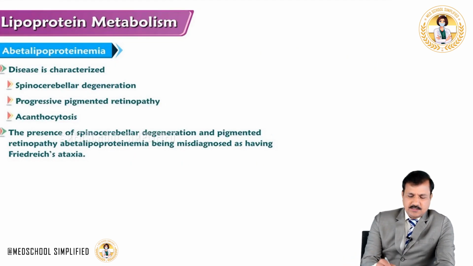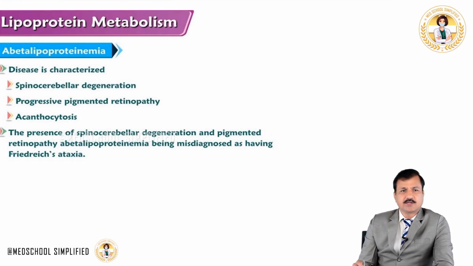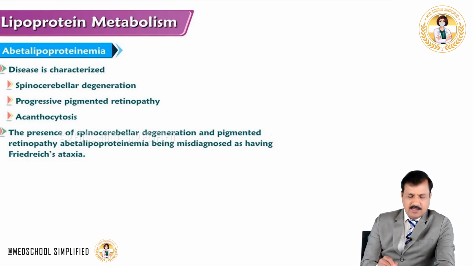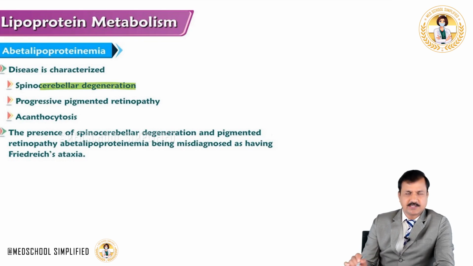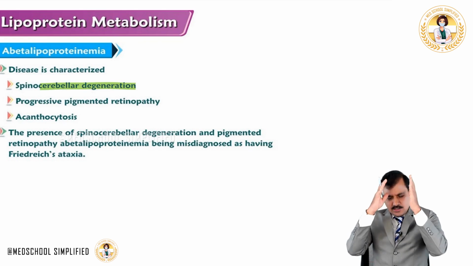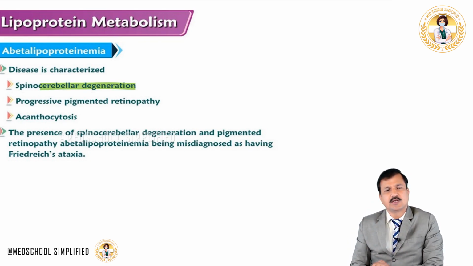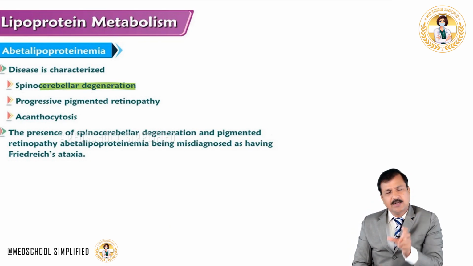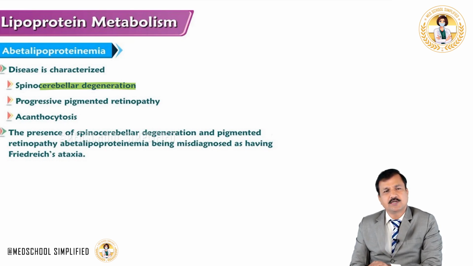So because of this, some of the signs and symptoms that you see here in A-beta lipoproteinemia is spinocerebellar degeneration, because in the spinal column, all the long myelinated neurons, their membranes need to be protected by having sufficient vitamin E antioxidant there.